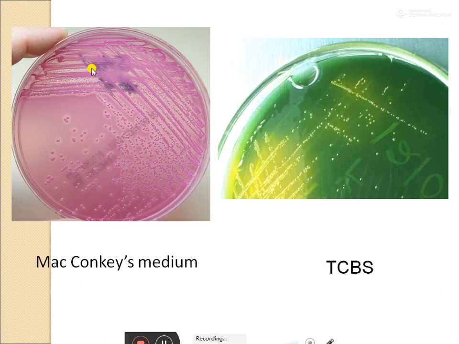Here we can see MacConkey's media, where the microorganisms are streaked, and we can find discrete or isolated colonies of gram negative bacteria grown on that MacConkey's media only. This is the TCBS, and this bacterium shows a yellow colony.